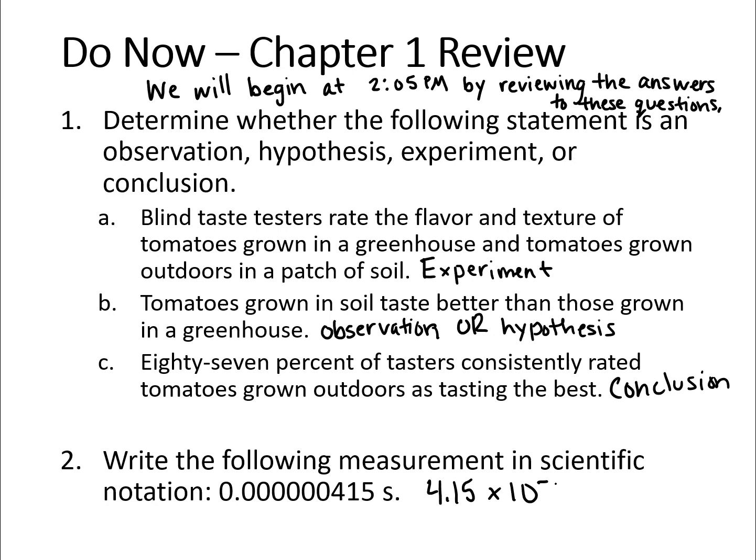We're going to have a negative power of 10 because this number is definitely smaller than 1. 1, 2, 3, 4, 5, 6, 7. And always have your units. So it's 4.15 times 10 to the minus 7. Questions on these?